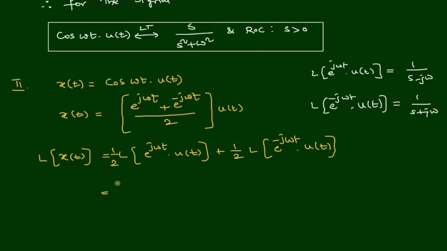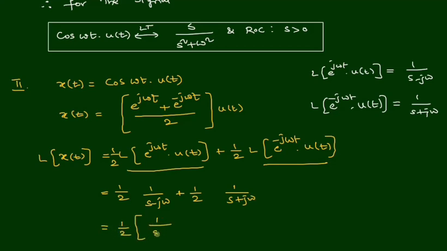So now this expression becomes 1/2, and we can directly substitute the Laplace transforms: 1/(s minus jω) plus, for the second term, 1/(s plus jω). Now we write 1/2 outside.